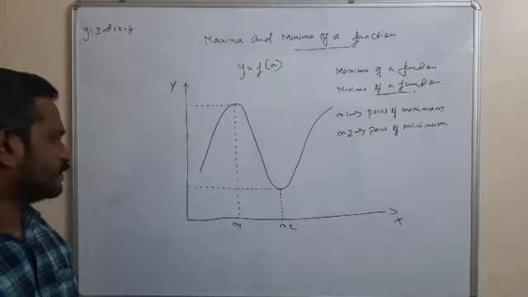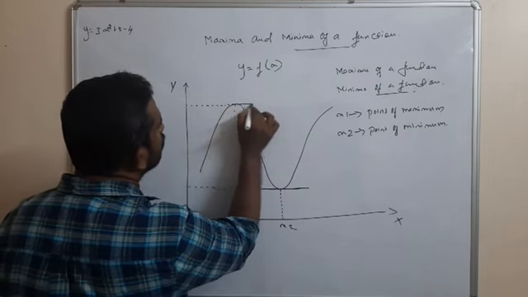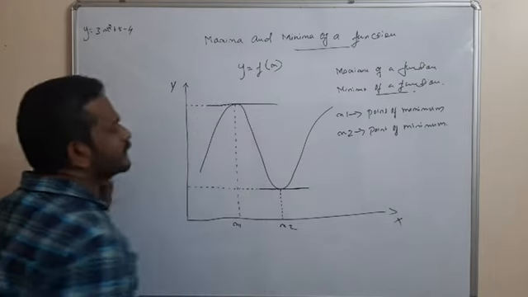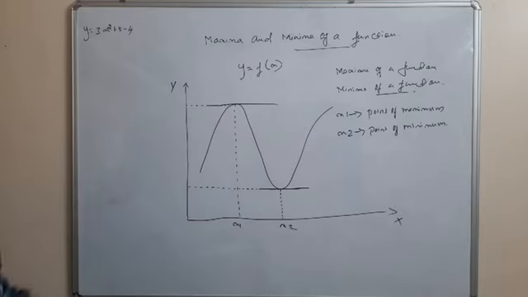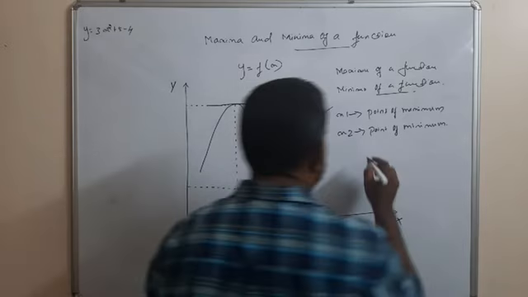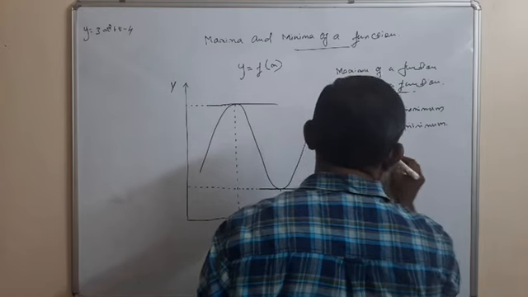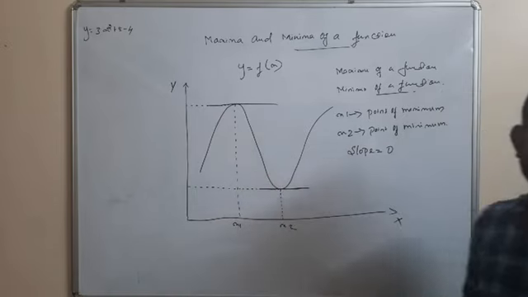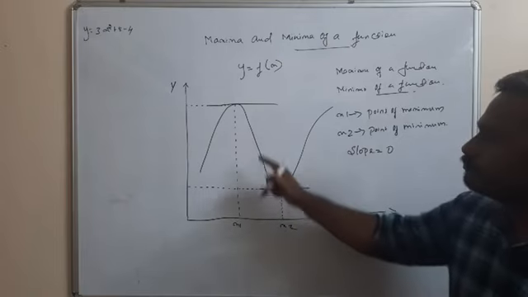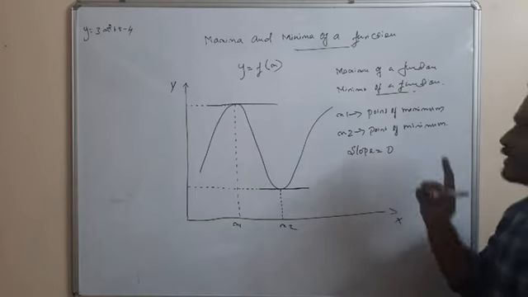Whether it is a maximum or minimum, if you draw the tangent to the curve at the minimum position and the maximum position of the graph, the slope of the tangent is equal to 0.